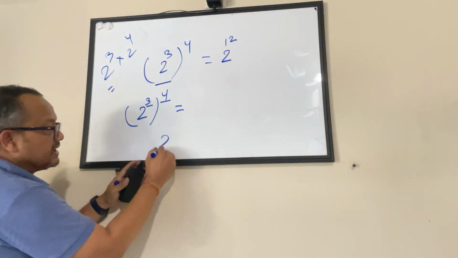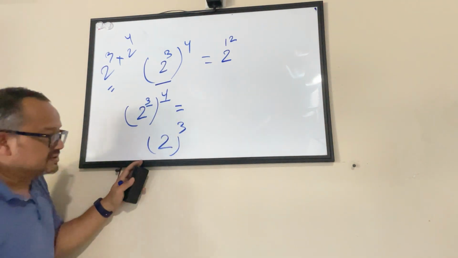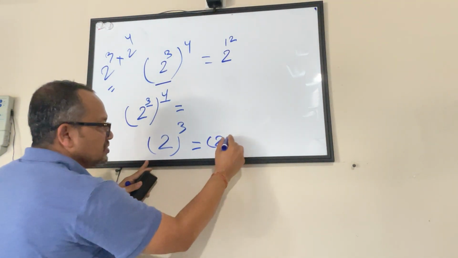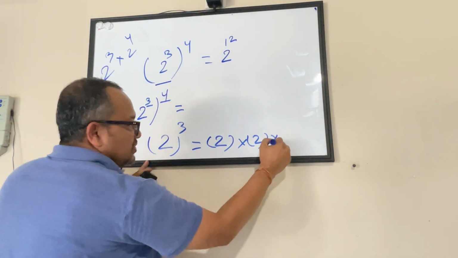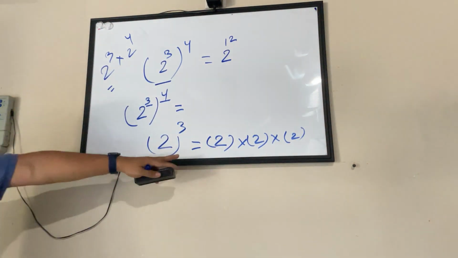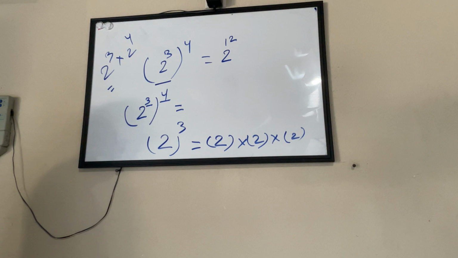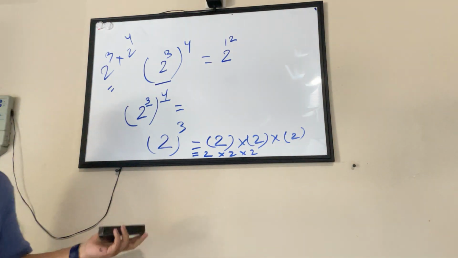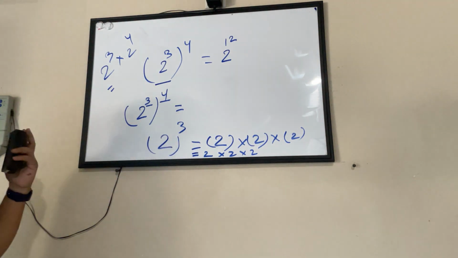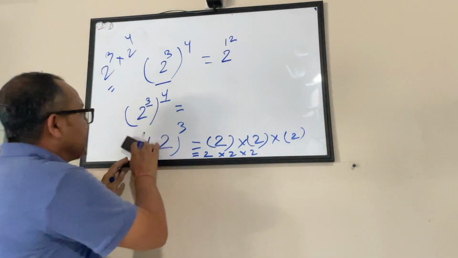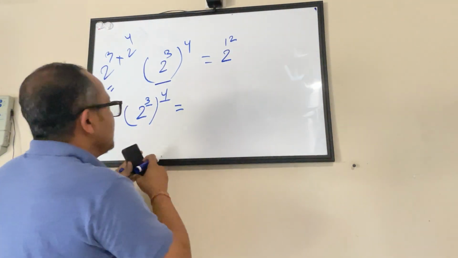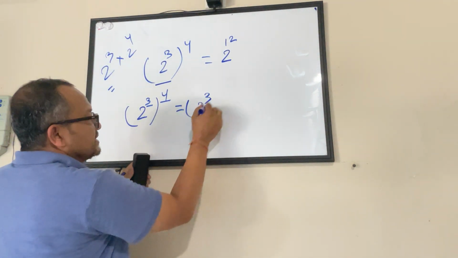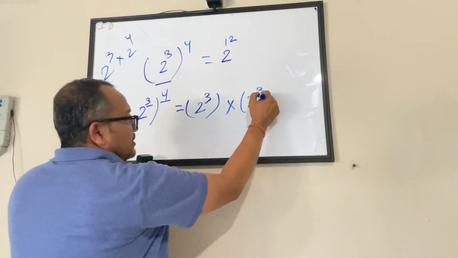If I say 2 to the power 3, what does it mean? It means 2 into 2 into 2. So I am multiplying the 2 inside the bracket 3 times. Same way, if I am saying 2 to the power 3 to the power 4, that means 2 to the power 3 is getting multiplied by itself 4 times.